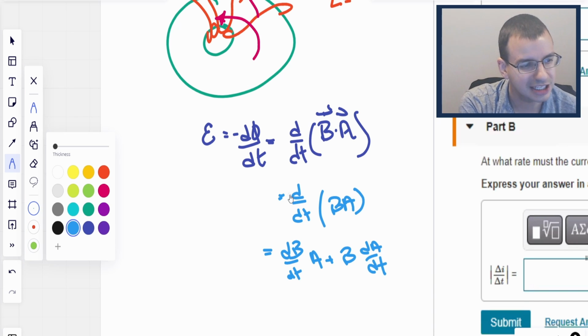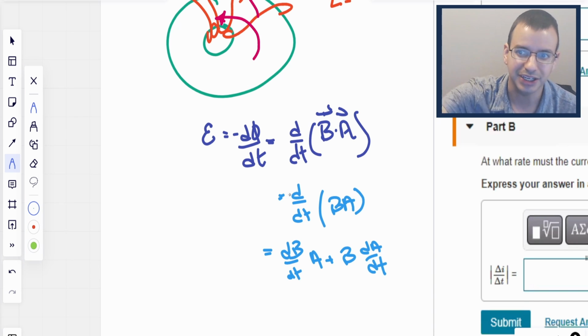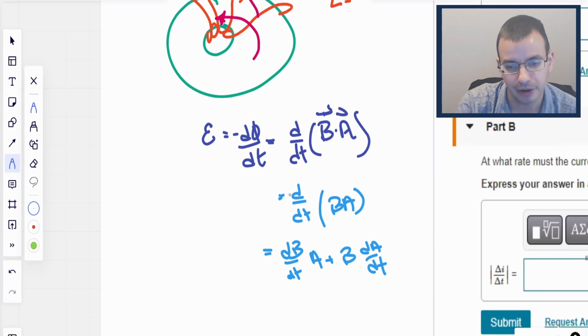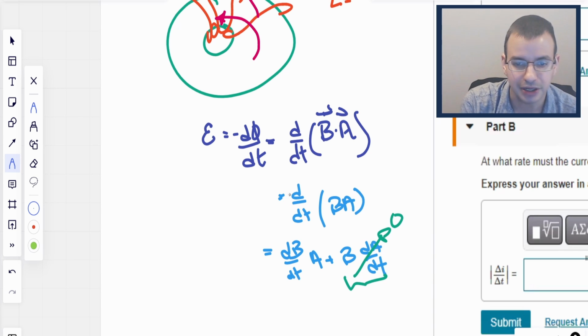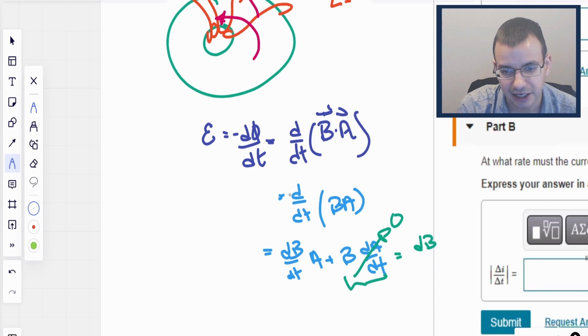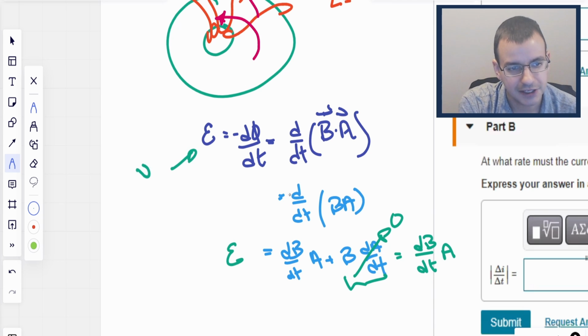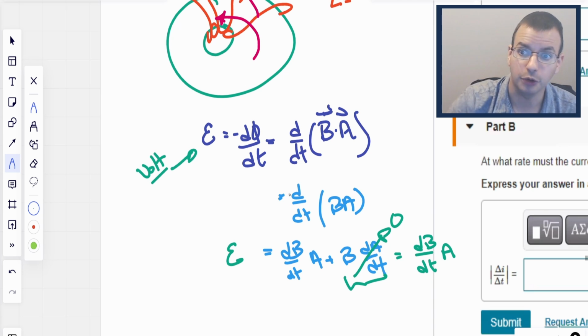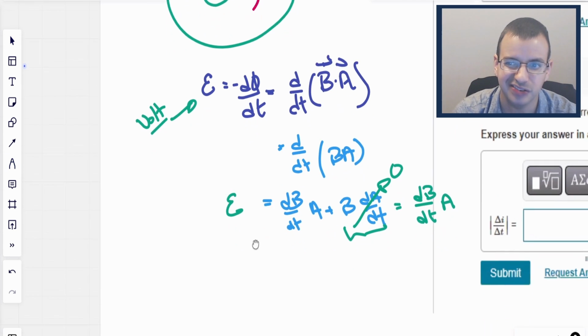This toroid isn't getting bigger or smaller with respect to time, so the change in area with respect to time is 0. We're left with change in magnetic field with respect to time times area, and that's going to be the induced EMF, measured in volts. Sometimes people will just write V for voltage.